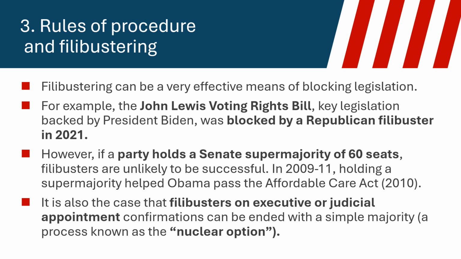However, if a party holds a Senate supermajority of 60 seats, filibusters are unlikely to be successful. For example, a supermajority helped President Obama pass the Affordable Care Act in 2010. It is also the case that filibusters on executive or judicial appointment confirmations can be ended with a simple majority. This is a process known as the nuclear option.